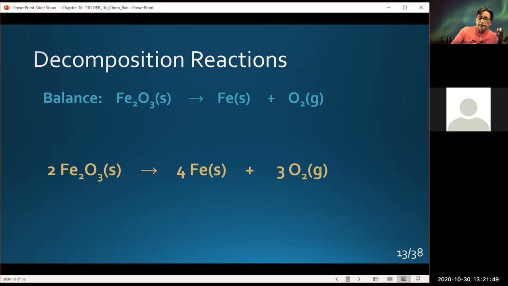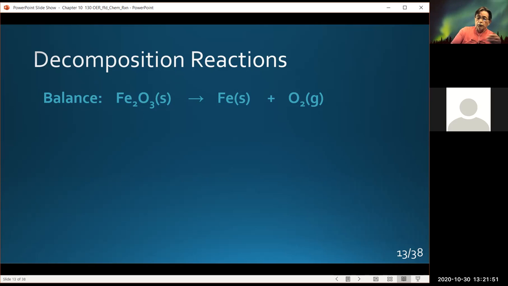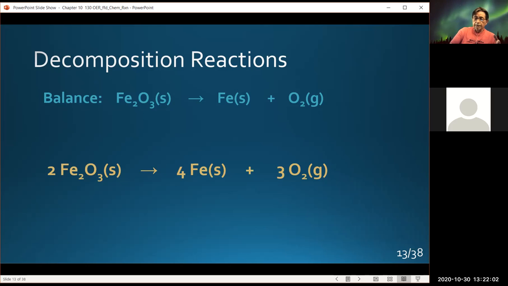You note how many elements we have of each, and we start adding numbers, and we work back and forth from reactant to product, product to reactant, until we find the appropriate numbers to balance the chemical reaction. In this case, 2 iron(III) oxides require 4 irons and 3 oxygens. That's balanced. We have 6 oxygens as reactants, 6 oxygens as products, 4 irons on both sides, so we get a balanced chemical reaction.